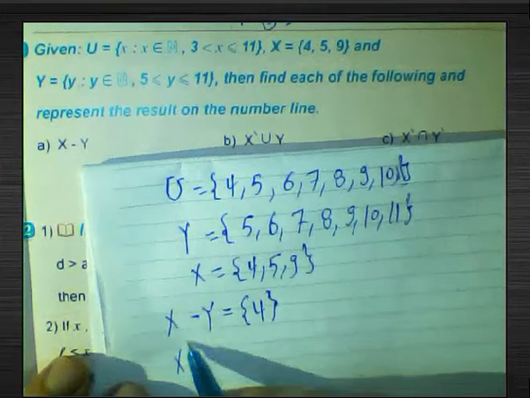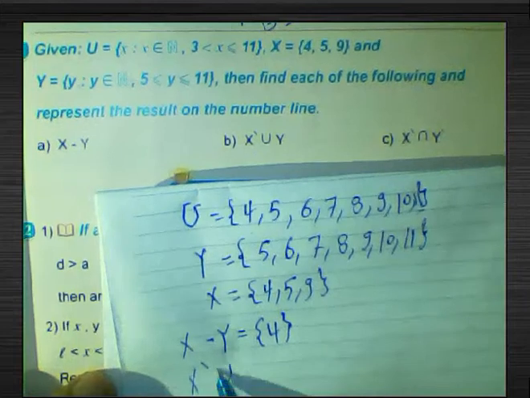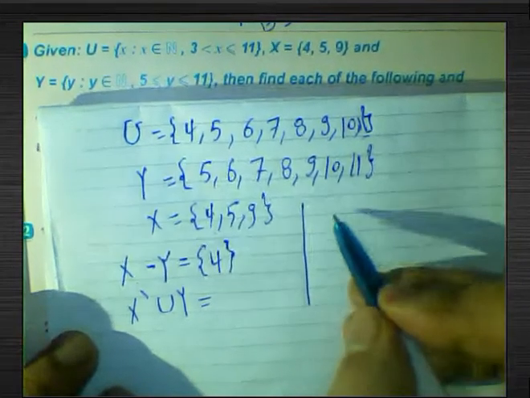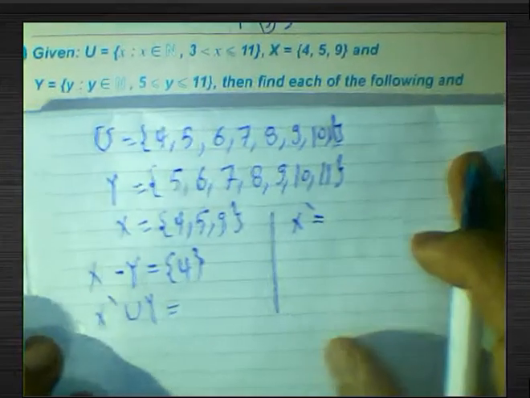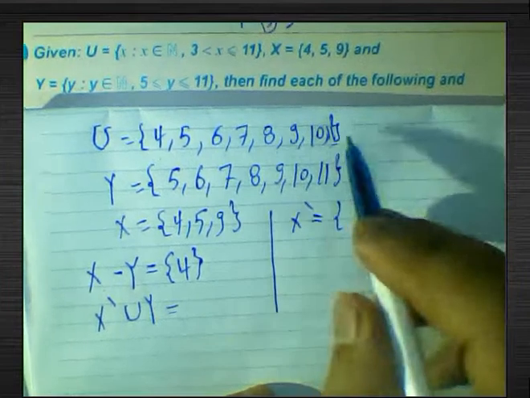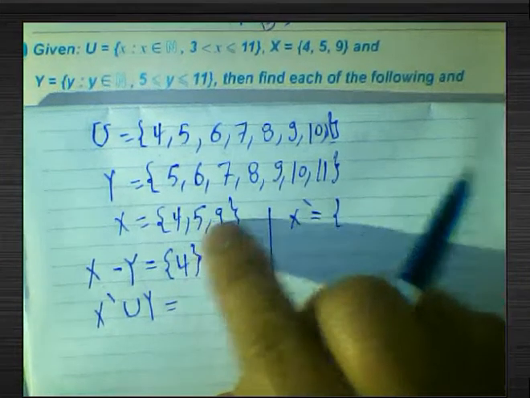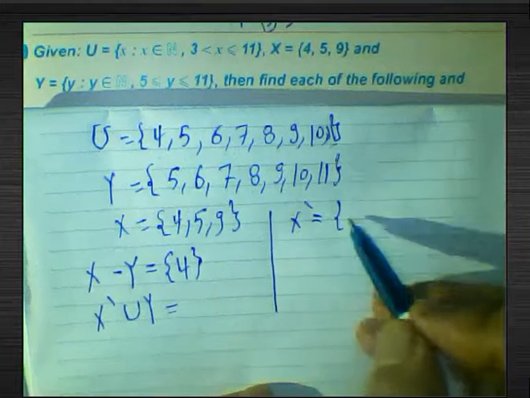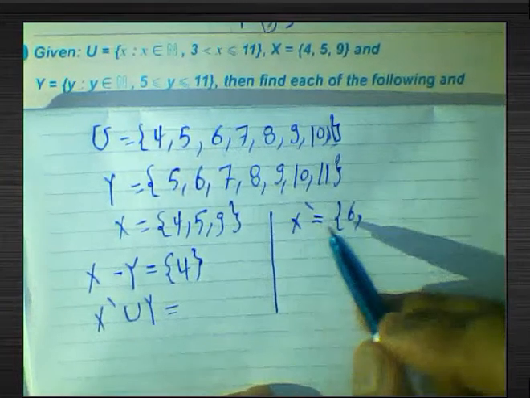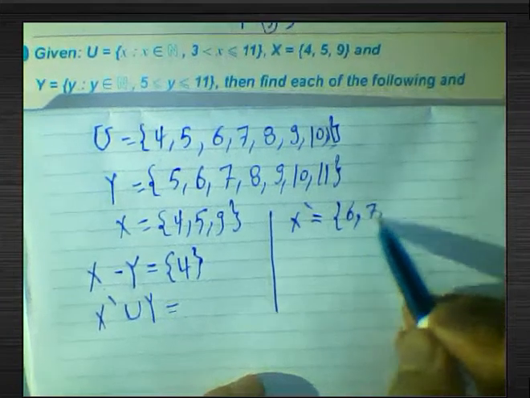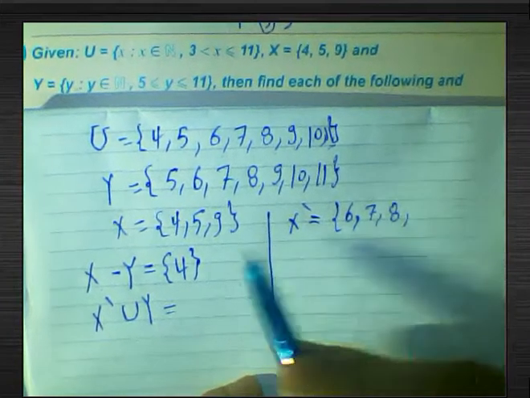X complement union Y. We'll solve X complement first, or X dash. We will write all elements in the universal set without X. We will complete all elements from the universal set: 4, 5, 6, 7, 8, 9, 10, 11.